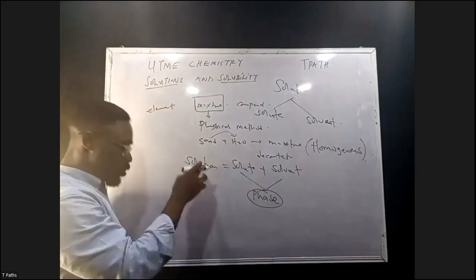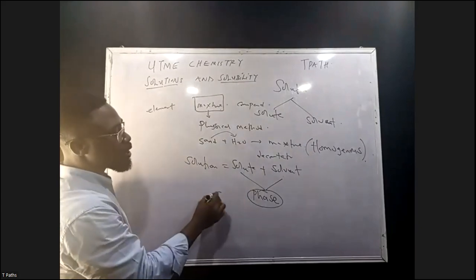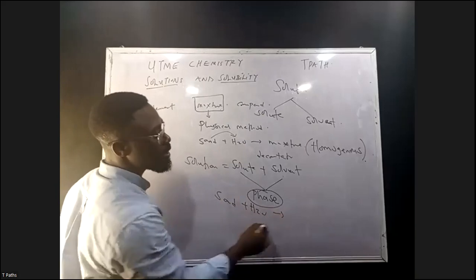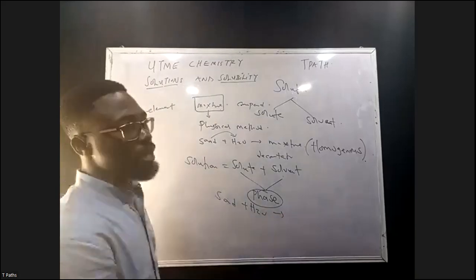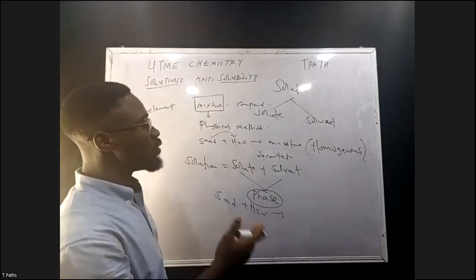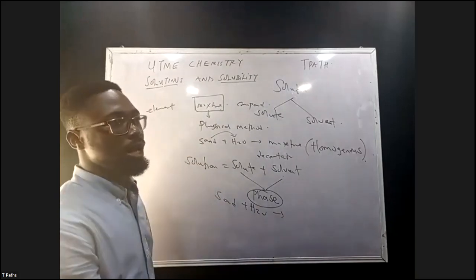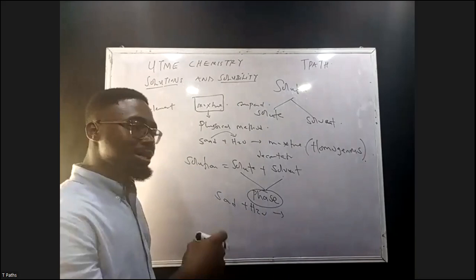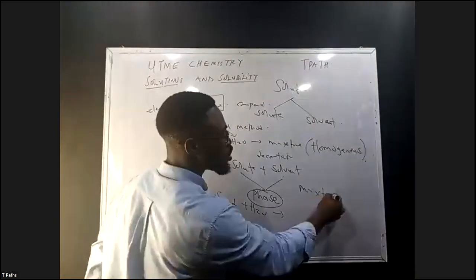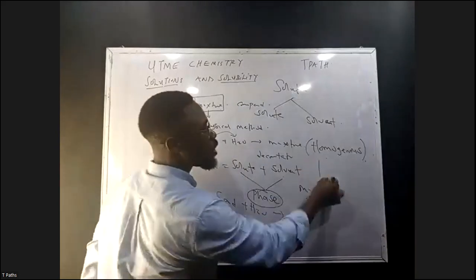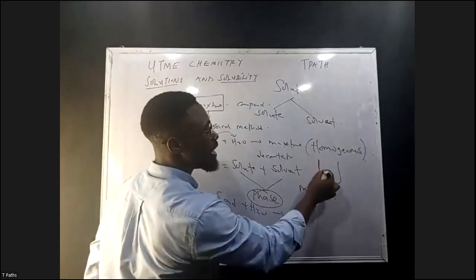For instance, when you mix sand and water together, this does not even need your chemistry knowledge. You know that sand is not going to dissolve in water. In that case, you cannot call that a solution. You can only call that a mixture. And they can ask you, is that a homogeneous mixture? No, that is not a homogeneous mixture, because when you look at it, there's a phase difference.